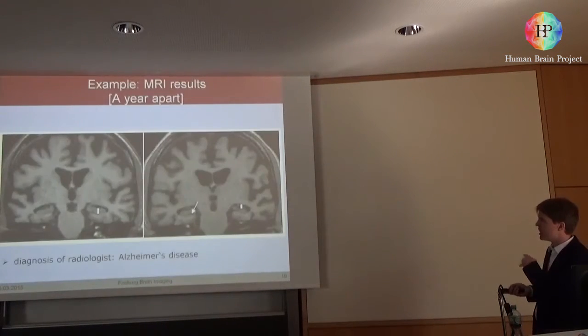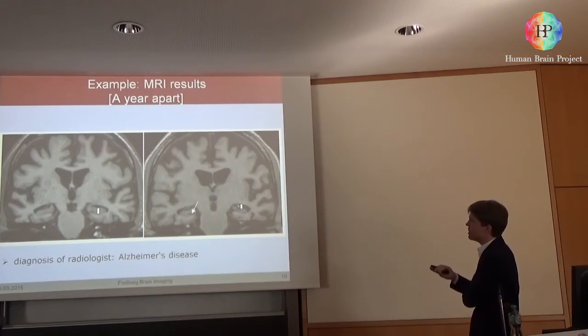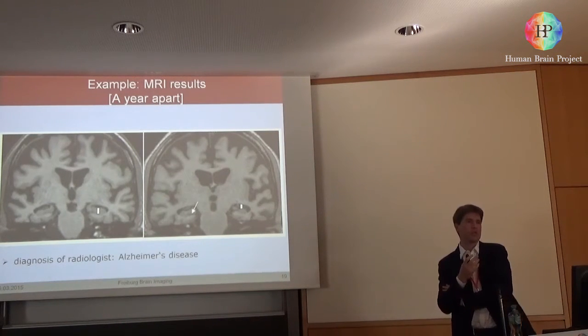But with this lady, we took an MRI scan, and this is what it could look like. This is actually the same patient a year apart, 1 year in between, and you would normally focus on this hippocampus area here, and then you have to rate the height of the hippocampus and the space you have here, which is part of the ventricles, and if you're able to see that there's a little gap here in the hippocampus, and this is what you would also need to rate to quantify the atrophy.